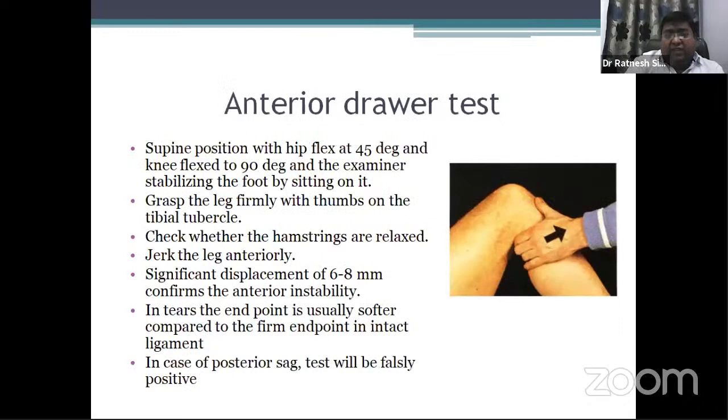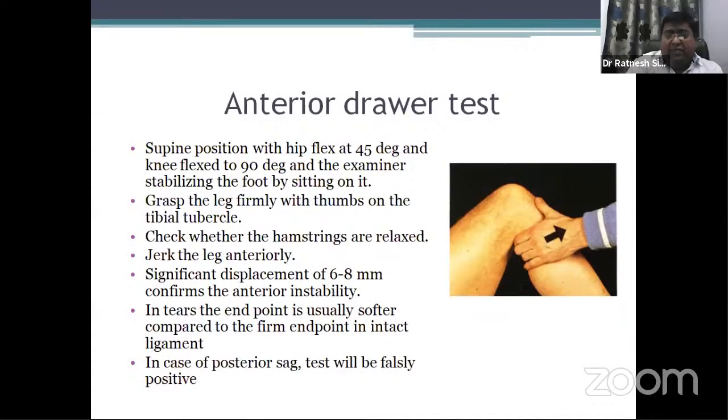Anterior drawer test is done for the ACL to check the integrity of ACL in supine position with hip flexed at 45 degrees and knee flexed at 90 degrees, and the examiner is stabilizing the foot by sitting on it. Grasp the leg firmly with thumbs on the tibial tubercle. Check whether the hamstrings are relaxed or not. They should be relaxed.